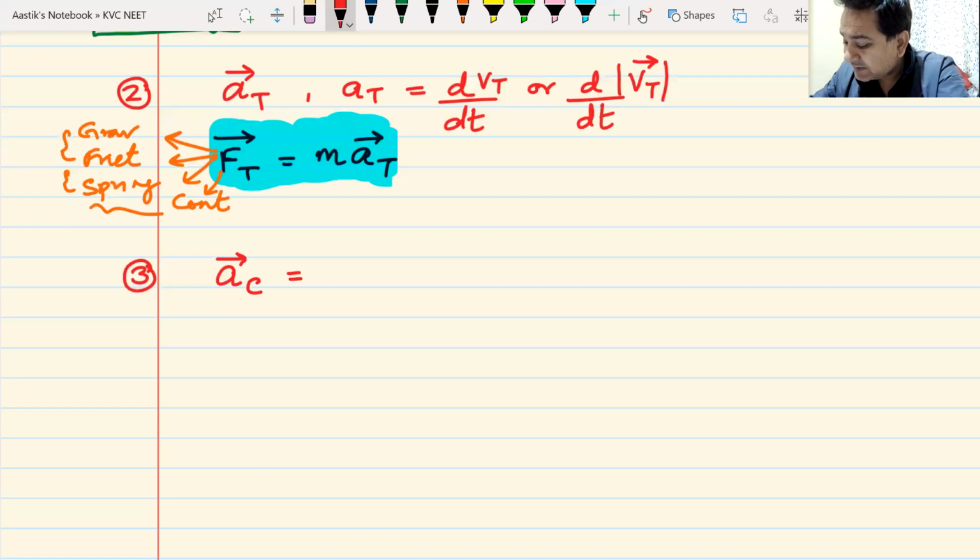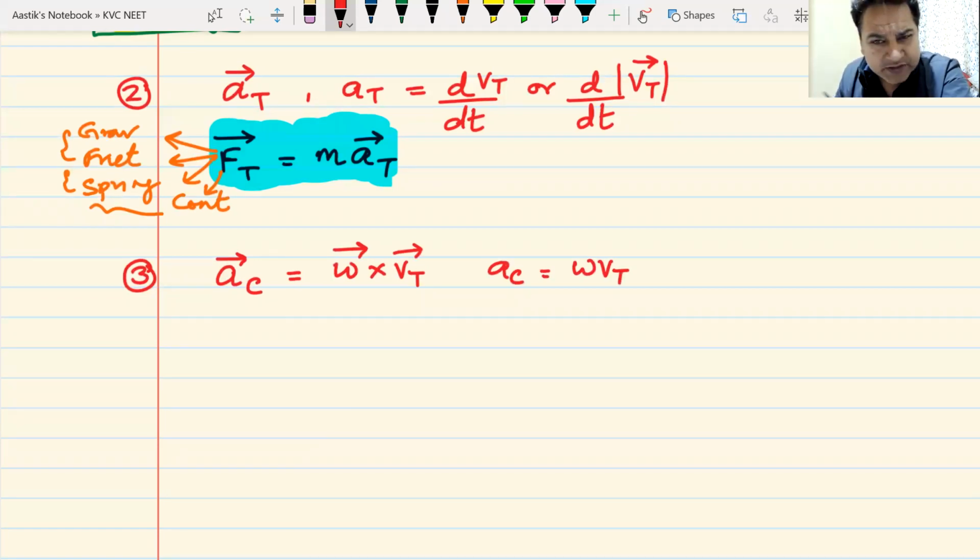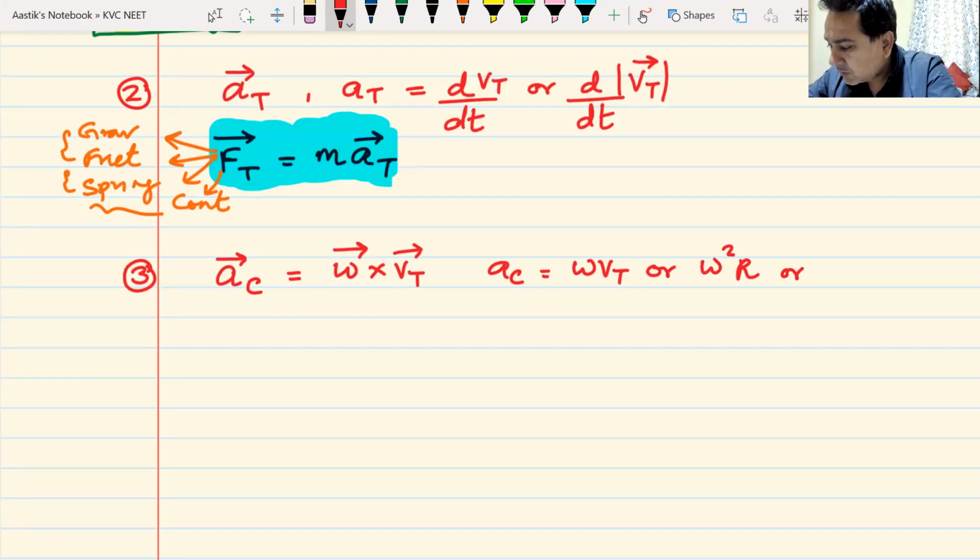Now, the centripetal acceleration can be written in the vector form as omega cross vt. We all know this. If I just simply write it in terms of scalar, it can be omega multiplied by vt. That is not the form that we normally use. The normally used forms are omega squared multiplied by r, or vt squared divided by r. We all know this.